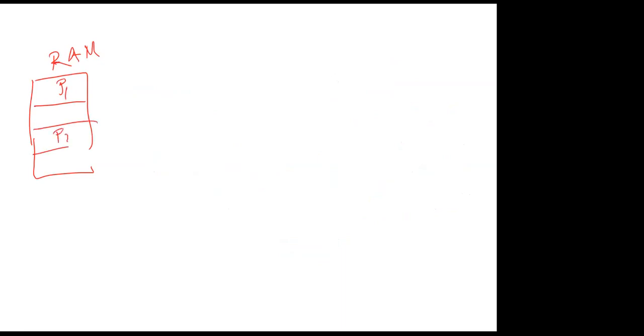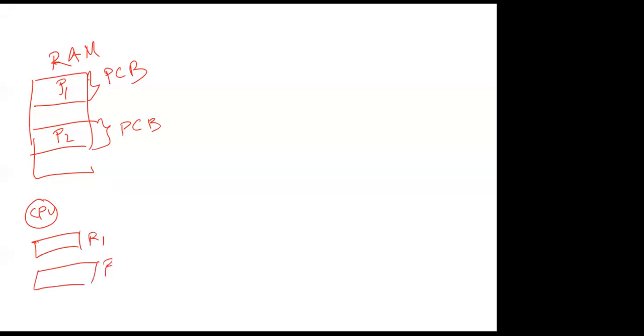There are two processes, and each has a process control block, PCB. You already know the PCB, the process control block. Here we have the CPU, and the CPU may have many registers. Maybe register R1, and let's say another register is R2. Two registers.